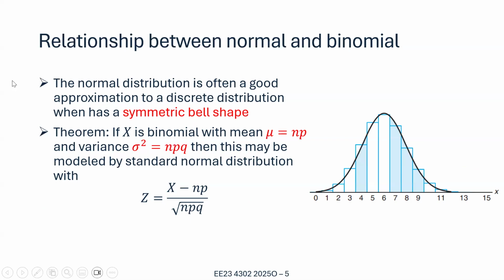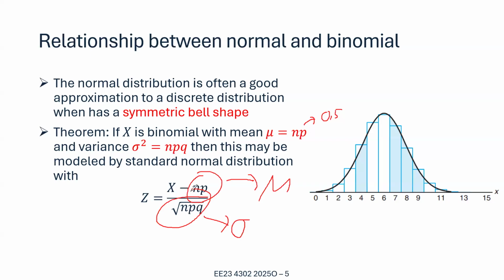If p is, for example, 0.5 and n is 20, we just plug in these numbers, and q is 1 minus p.